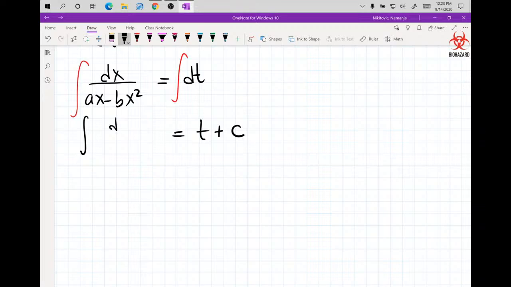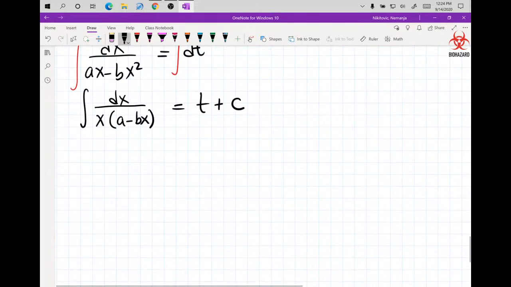Partial fraction decomposition, where you have your x factored out, right? And you have a minus bx in here. Now, we're going to do a little bit more of this witchcraft to come up with values that we can deal with.